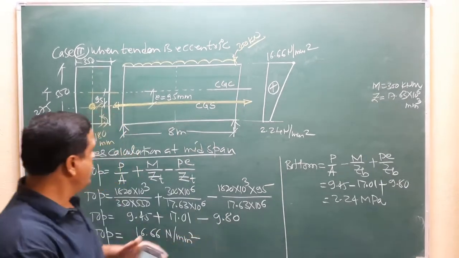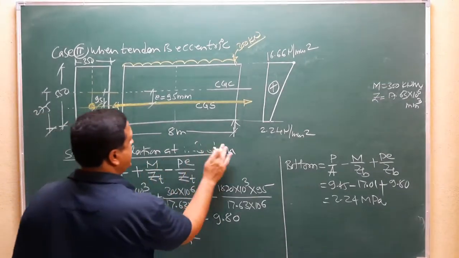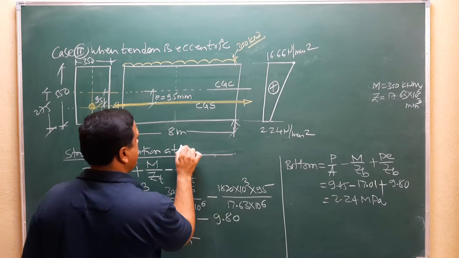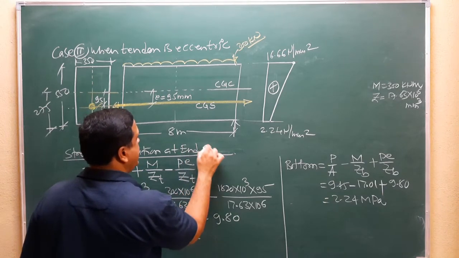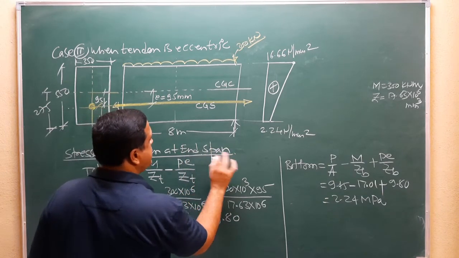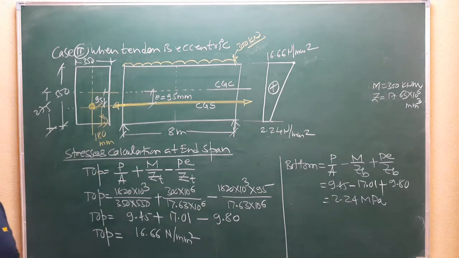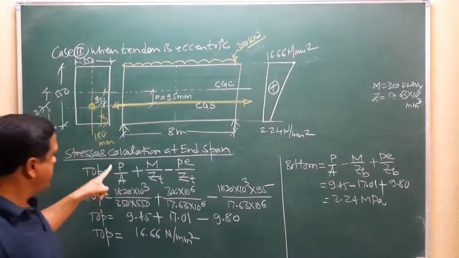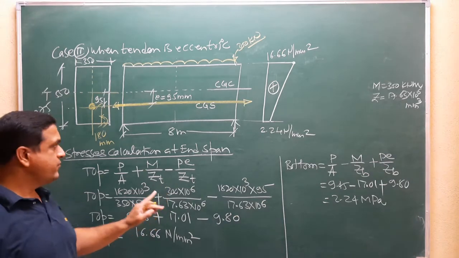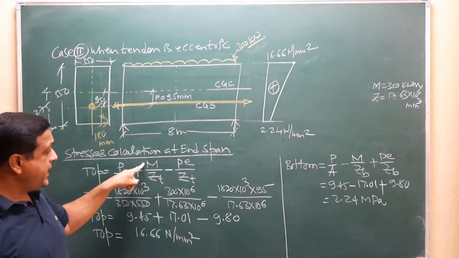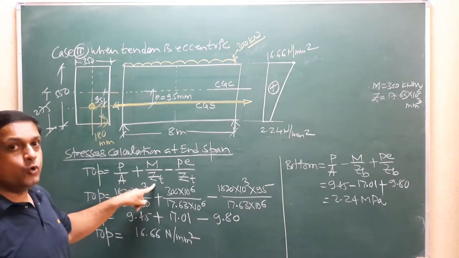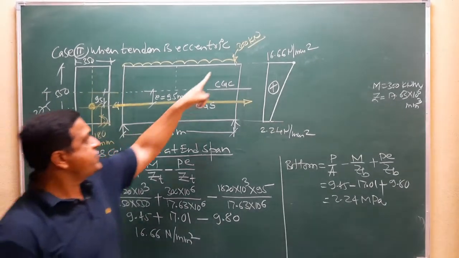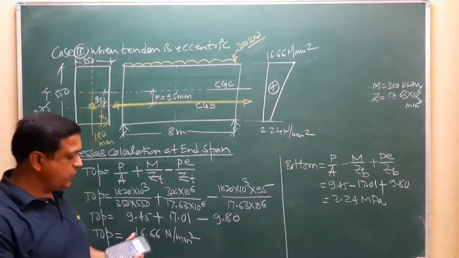Now the same thing you have to do: stress calculation at end span. Which term is going to cancel here? I am only editing these things. P by A term at end span at this location is there because prestressing force is there. M by Z term, is it there? No, because at end section the bending moment is 0.